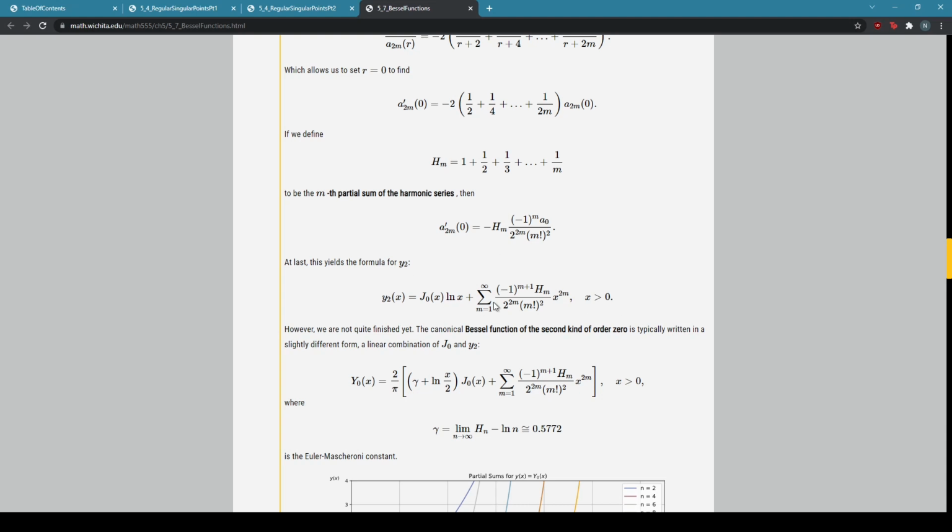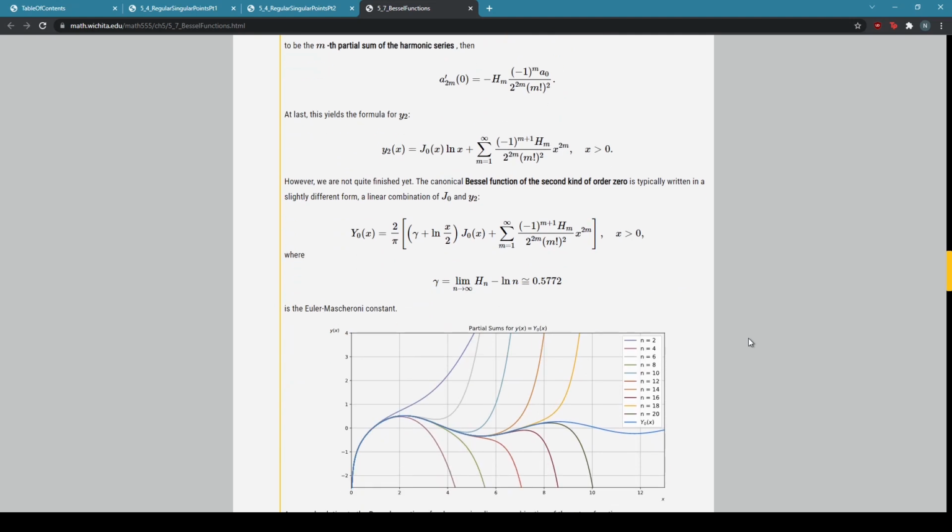the Bessel function of the second kind, which has not as nice looking of a formula, but it is linearly independent from the first, which is what we need. And in applications, they don't use exactly the one that arises from the differential equation.